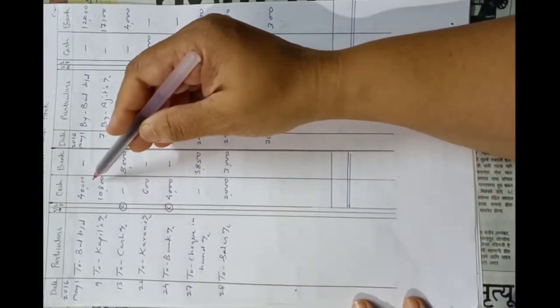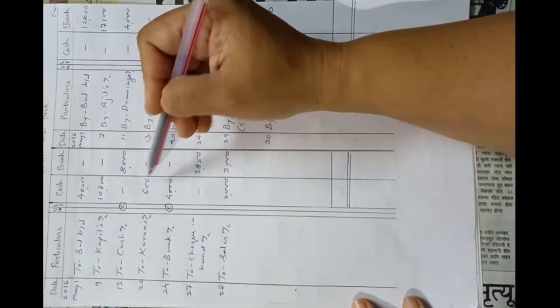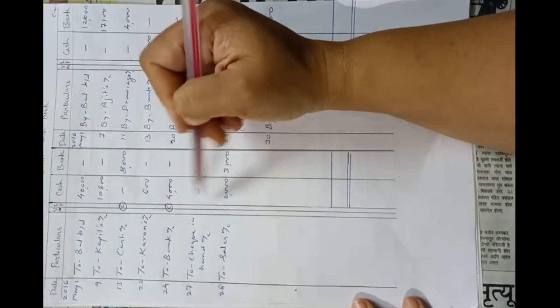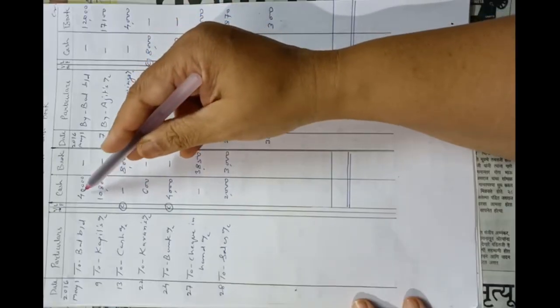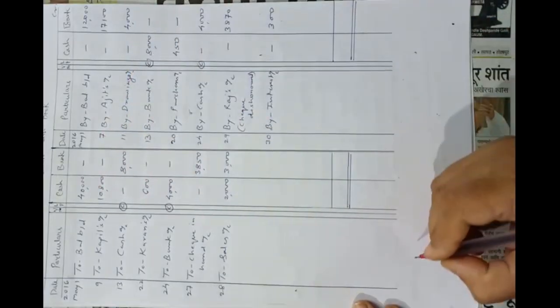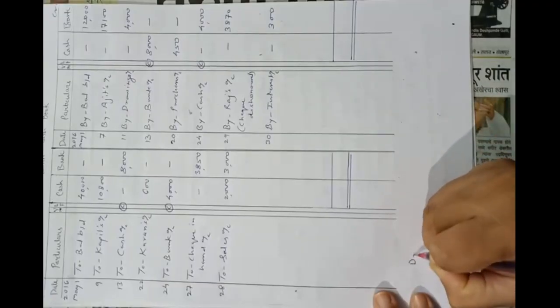Cash column, debit side, we have to add these items. So total is 57,400 डेबिट टोटल.